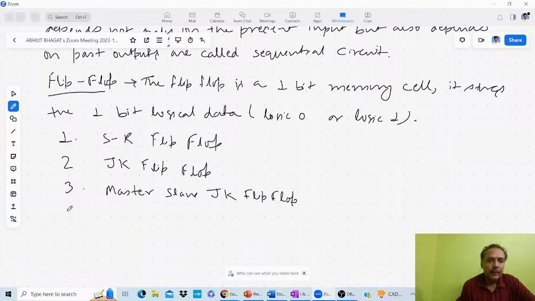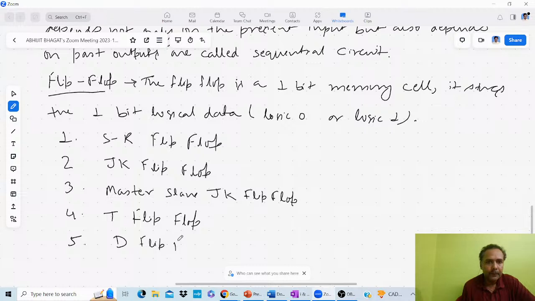Next is the T flip-flop, and the last one is the D flip-flop. Okay, so these are the different types of flip-flop.